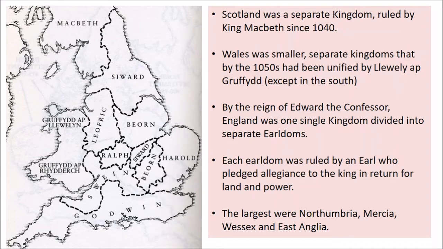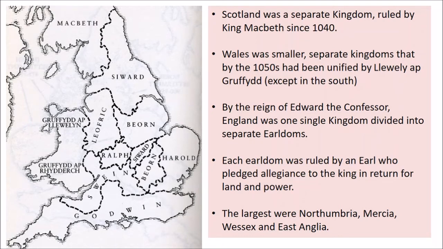Now, we're going to be talking about them in a minute, but for the purpose of the beginning, we can say that each of these areas that you can see, for example, that area in the north led by Siward, or that big area in the south led by Godwin, these are known as earldoms, okay? And at one point, they would have been kingdoms, but by the time that we're studying, the 11th century, they were just earldoms.